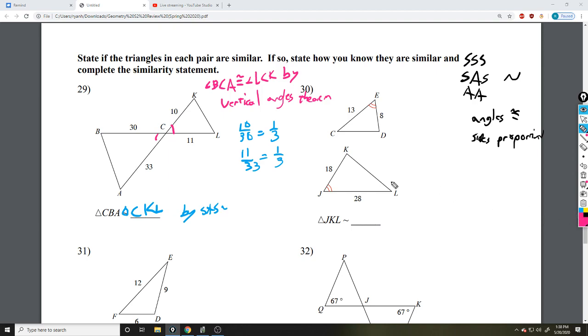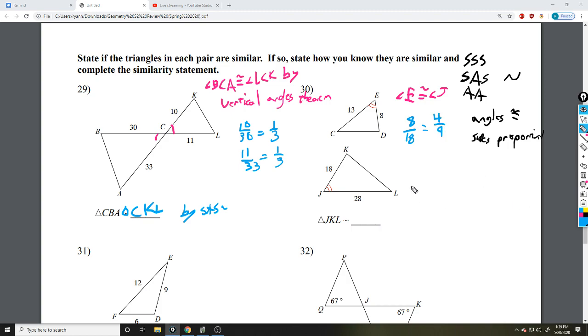All right, next. We are given angle E matching up with angle J. So now we just need to check the proportions. We don't need a reason because it's just marked in the diagram. If we were writing a reason, we would just say given. Now we're going to check our ratios. Again, shortest with the shortest. So 8 matches up with, what's the smallest on this one? It would be 18. Those are both divisible by 2, so we have 4 over 9.